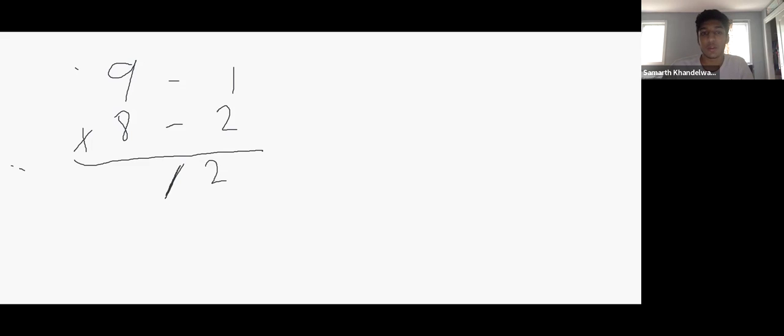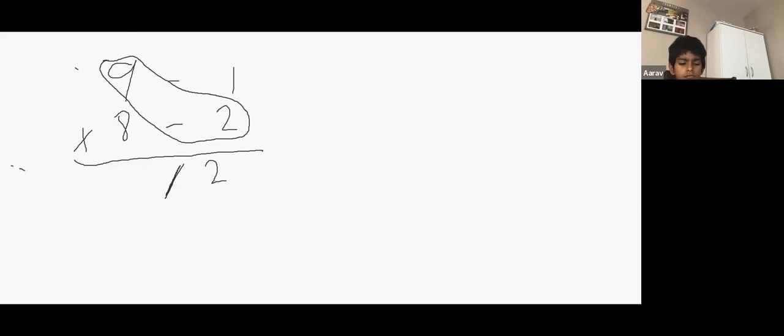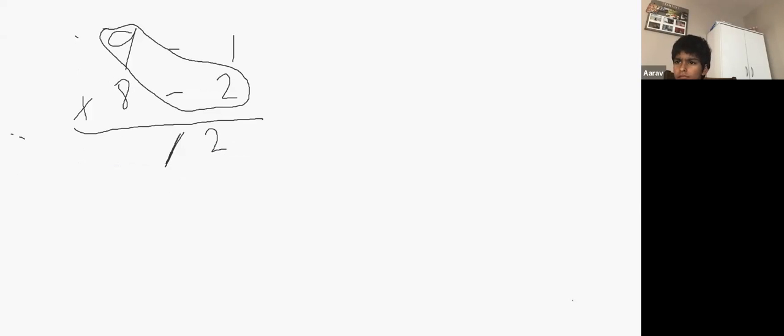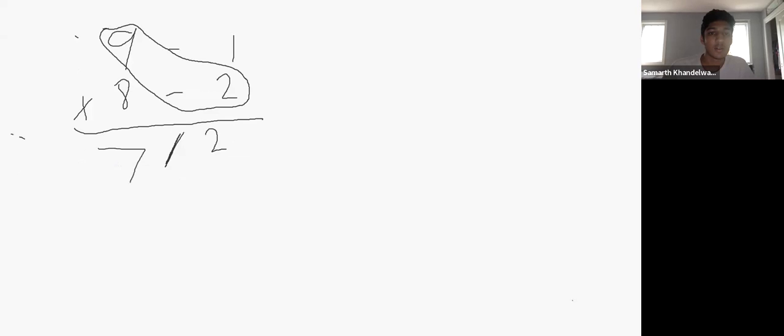You don't have to draw a circle, but you can draw it in your head. And we do this subtraction, that is 9 minus 2. That is 7. So now our answer, 72.